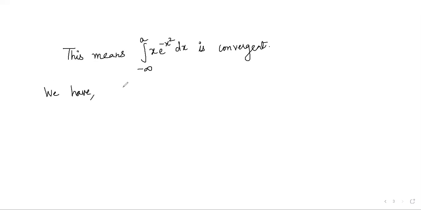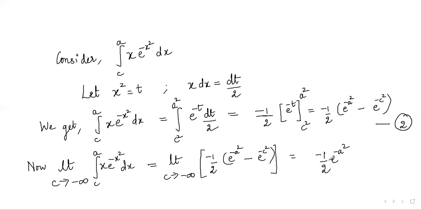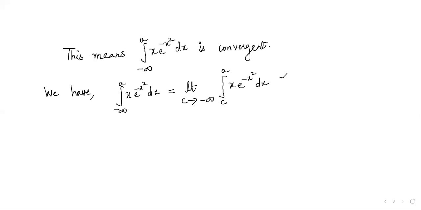And what we have? We have that this integral will be given by the limit which we have evaluated just now: limit c tending to minus infinity of the integral which we had considered, having limits from c to a, x e raised to power minus x² dx. And what is this limit? This is minus 1 by 2 e raised to power minus a².